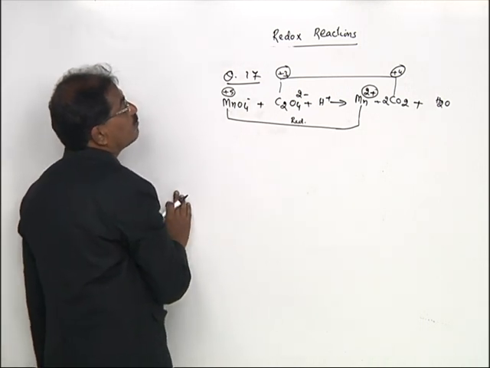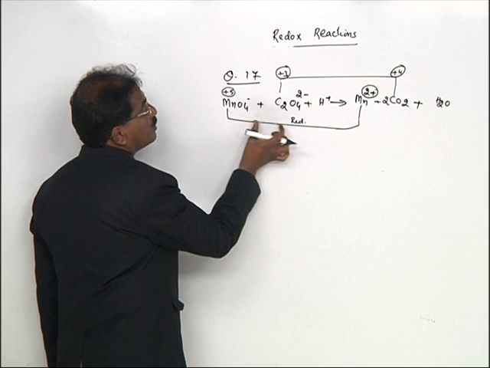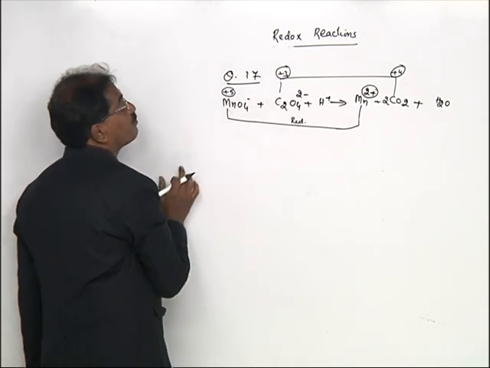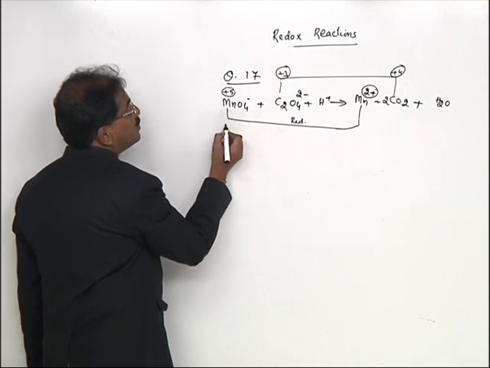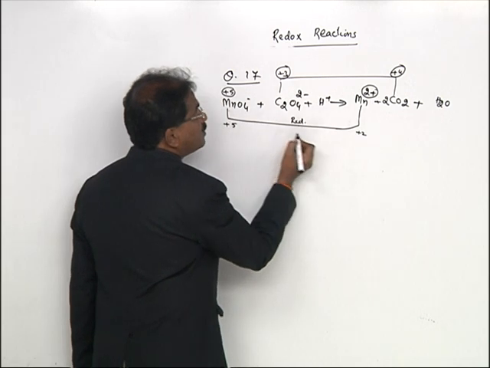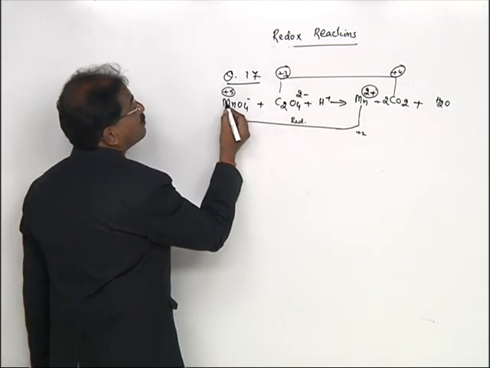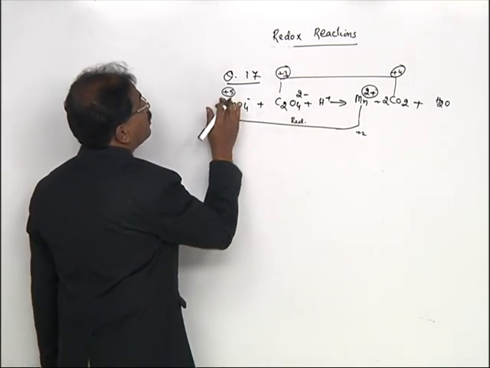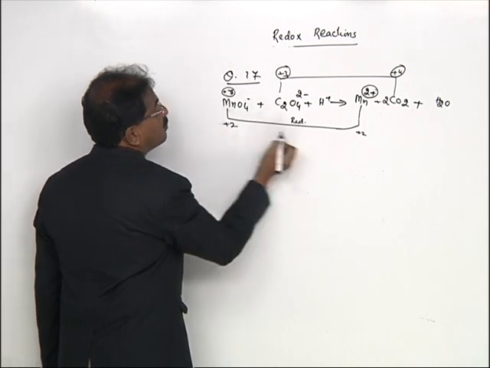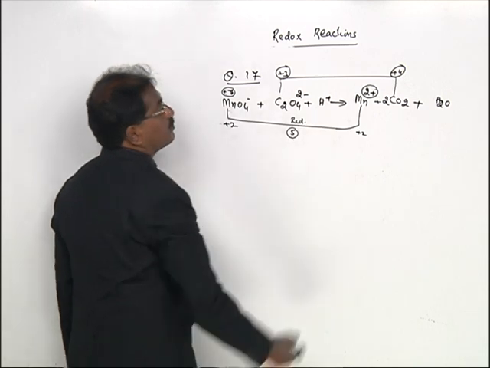After balancing, now observe the total charge difference for the first species and for the second species. For manganese, the total oxidation state on the reactant side is +7, here +2. Therefore, the total difference is 5.